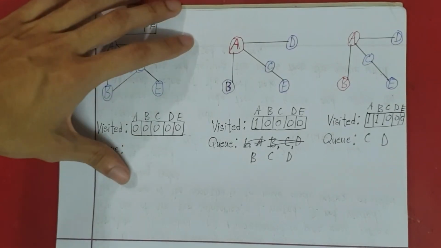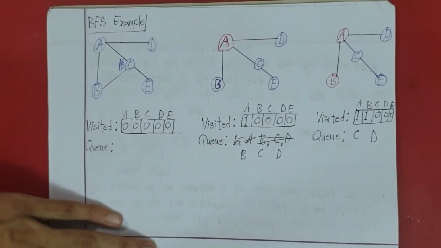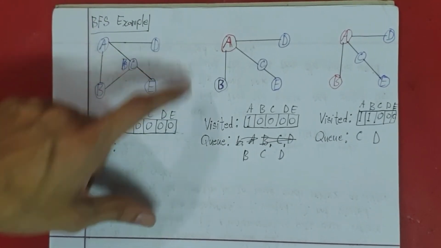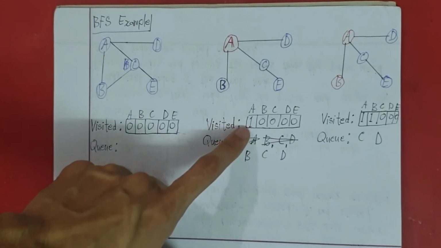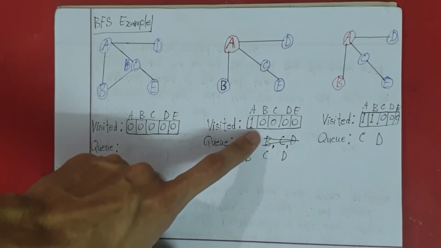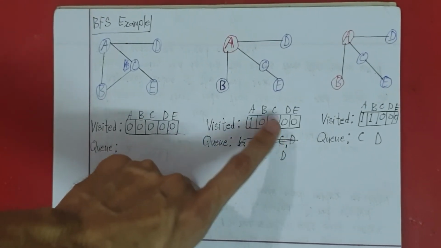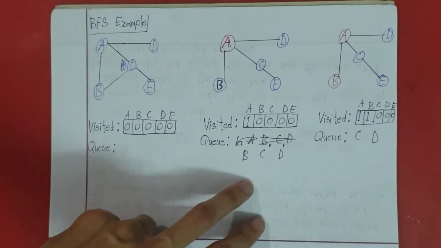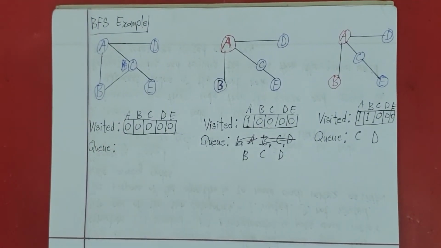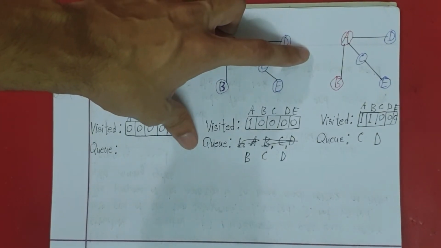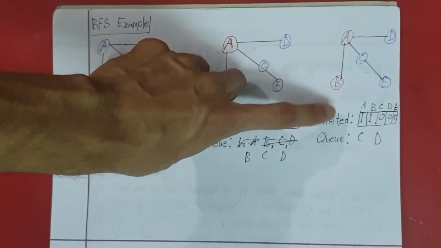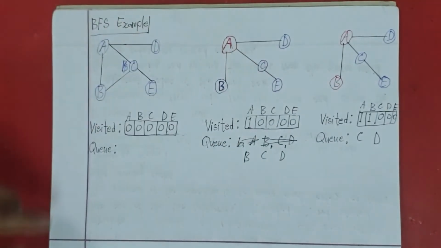In the second step we start with the vertex A. As it is visited, we put 1 under it, and the other vertices remain 0. In the queue we have vertices B, C and D. In the third step, B is visited, so we put 1 under it. So we have C and D left in the queue.